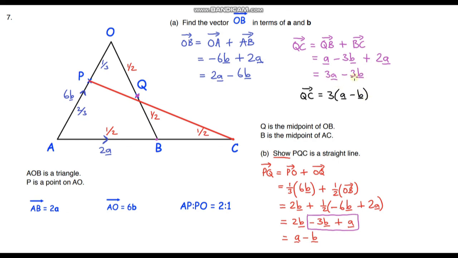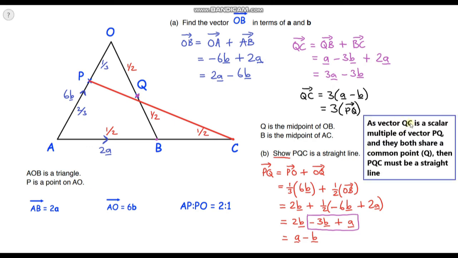I've just factored out a 3. And a minus b is exactly the same as PQ. So QC is 3 times PQ. And because it is a scalar multiple and they both go through Q, they must be on the same line.